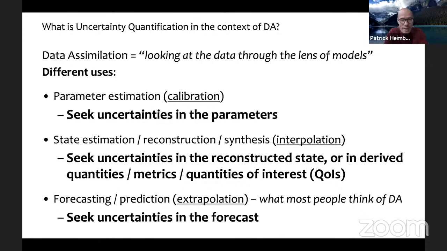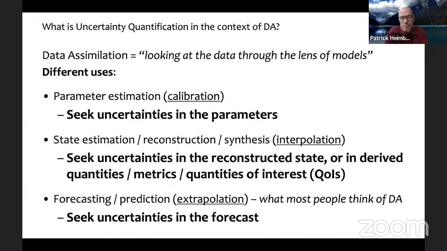First of all, data assimilation, as we've already said, you could call it looking at the data through the lens of models. So models, of course, play an important role. There are different uses, and depending on how you use data assimilation, the uncertainties will have different consequences.